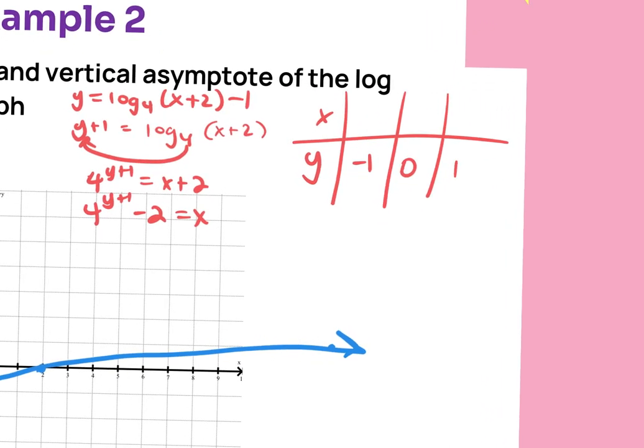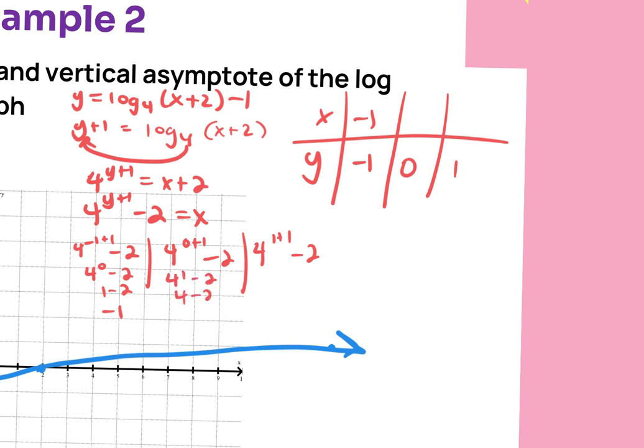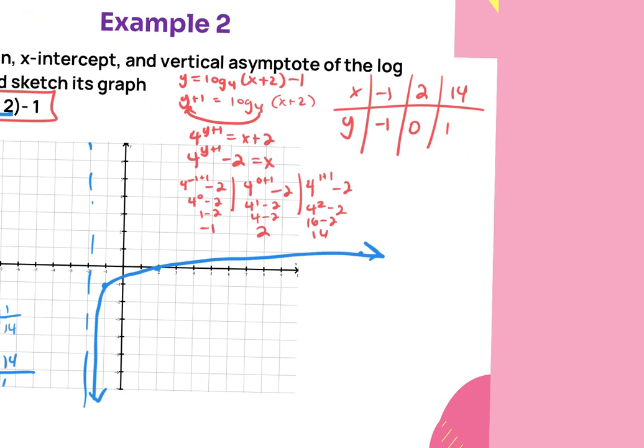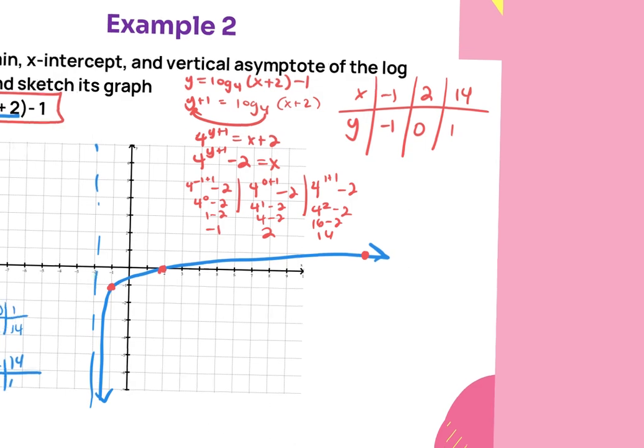If I plug in for the y, I get 4 to the negative 1 plus 1 minus 2, 4 to the 0 plus 1 minus 2, and 4 to the 1 plus 1 minus 2. 4 to the 0 minus 2 is 1 minus 2, which is negative 1. 4 to the first minus 2 is 4 minus 2, which is 2. And 4 to the second minus 2 is 16 minus 2, which is 14. Now I get negative 1, 2, 0, 14, 1.